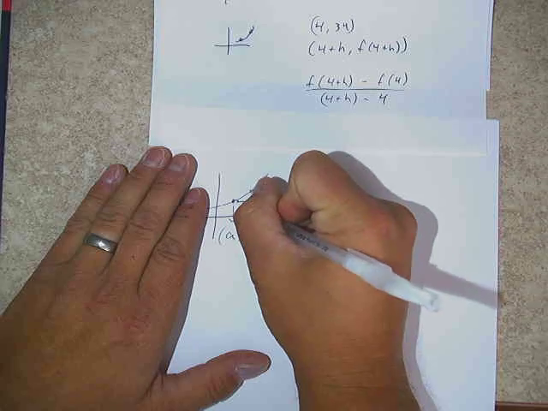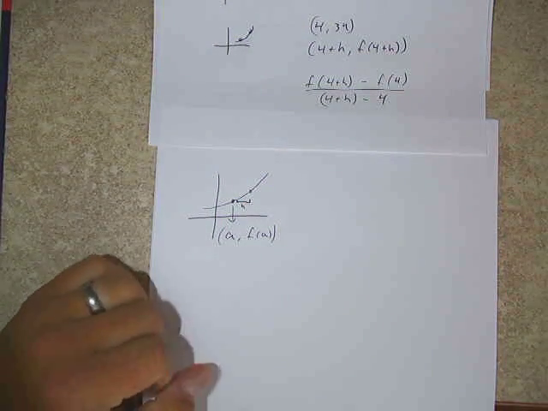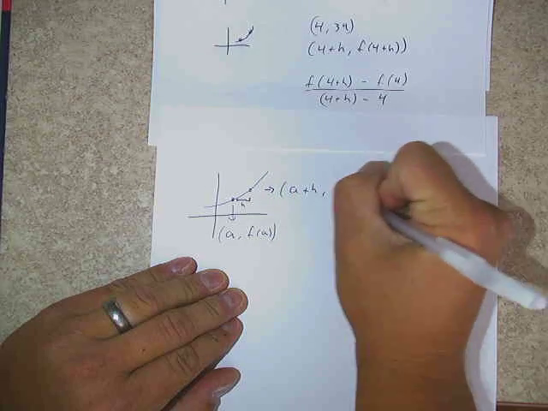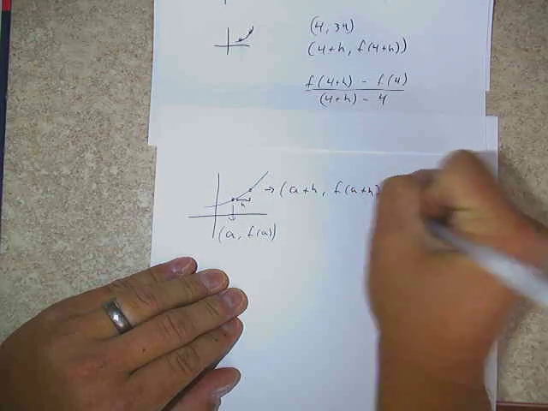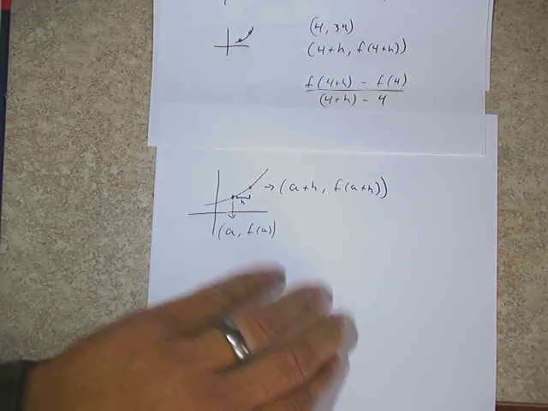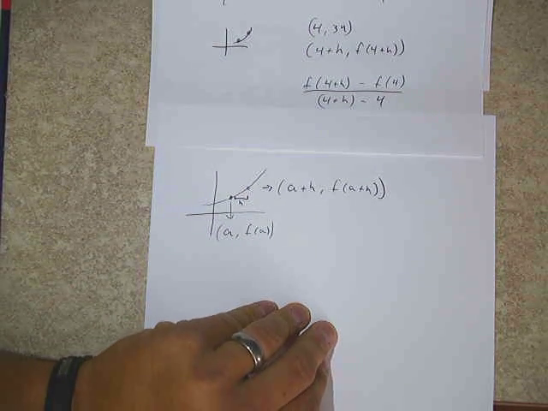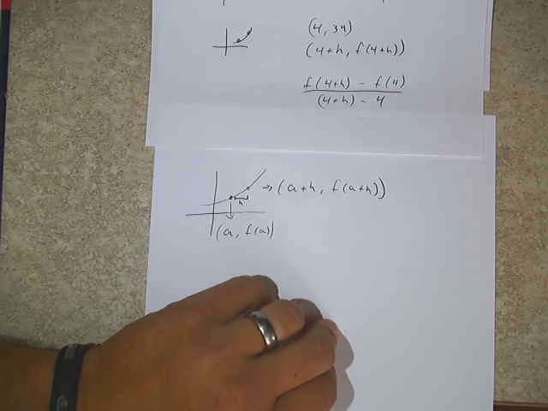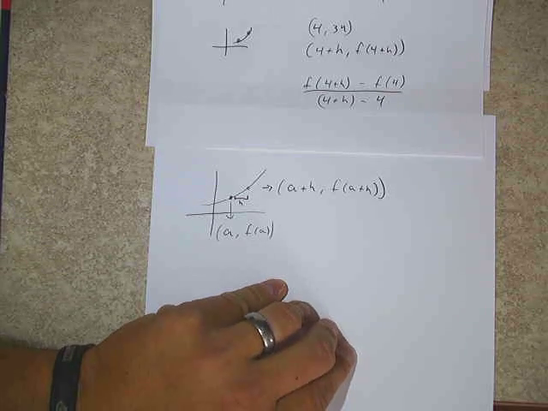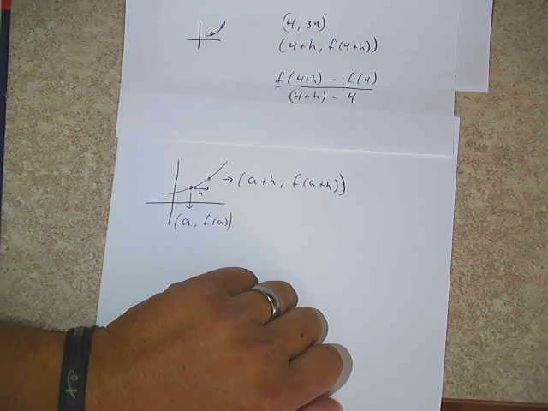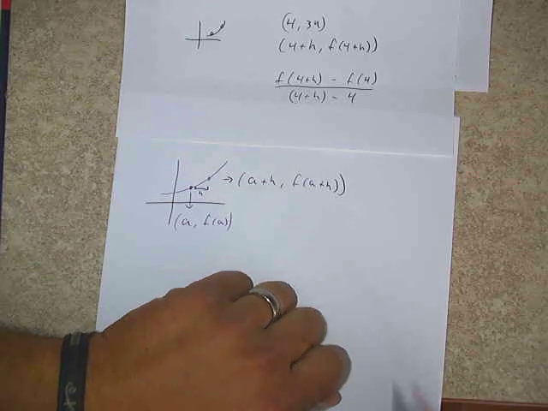I don't know what the y value is at that point, but I know it has coordinates a, f of a. So a could be any x. f of a is going to be what we get when we put a into the function, and that gives us our y coordinate no matter what function, no matter where we are. So we're going to make a general statement here about how we're going to calculate this for any function at any point. So this point right here, remember if it's h away from the original point, then that point is going to have coordinates a plus h and f of a plus h.